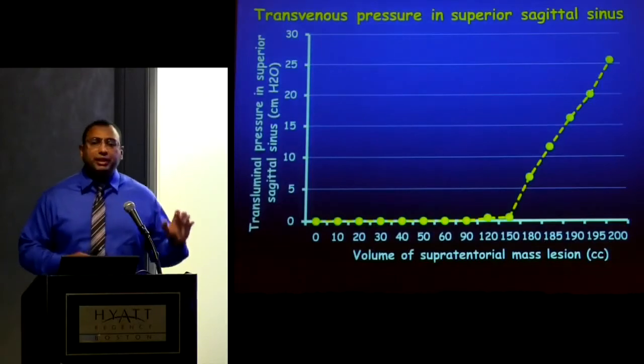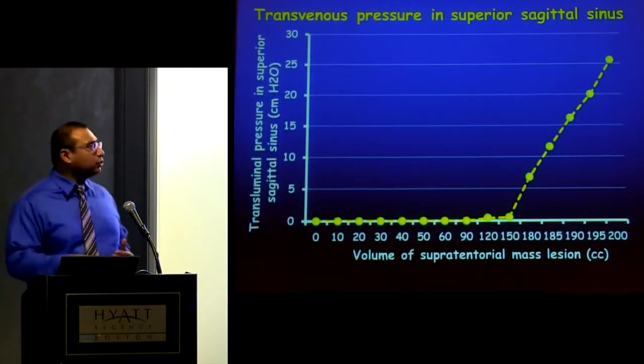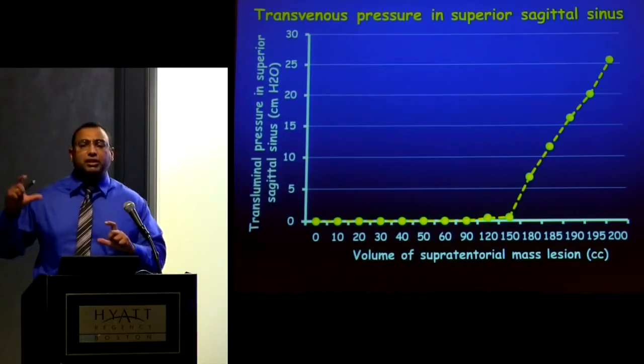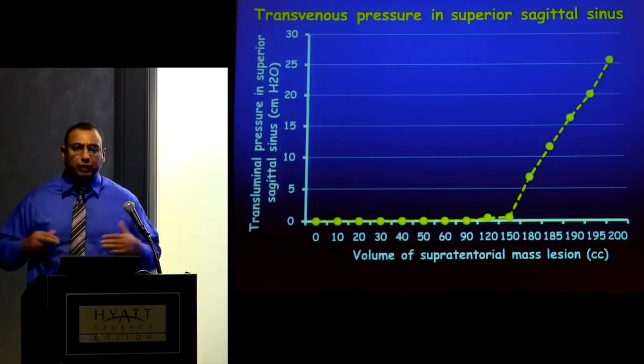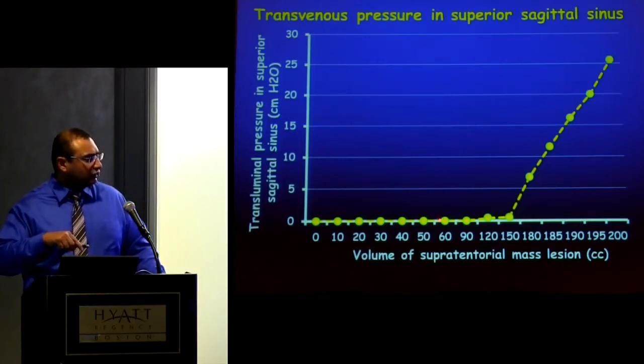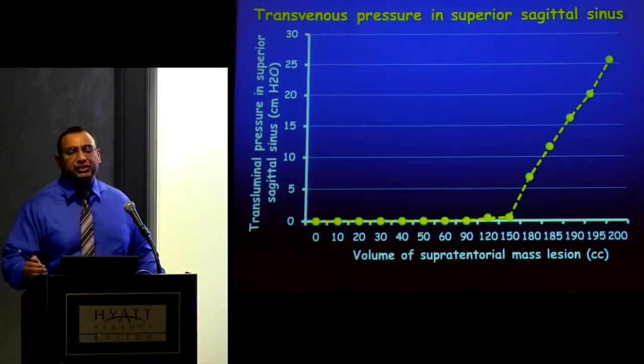And if you put a manometer within the superior sagittal sinus and measure the pressure while you're increasing a mass lesion in the supratentorial compartment, you would notice there is no change in pressure as long as the mass lesion is around 120 cc's.